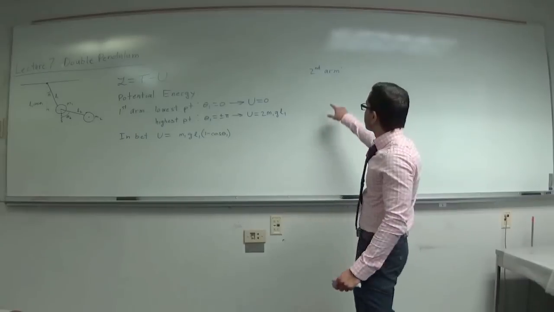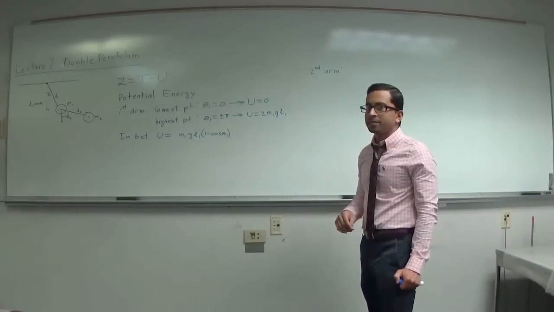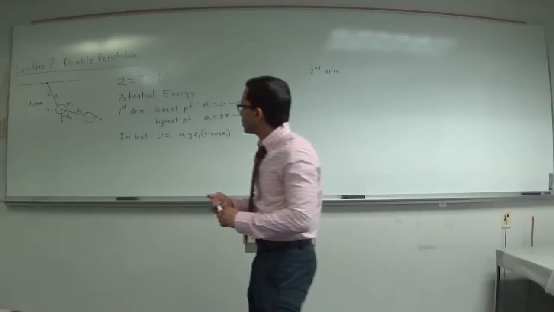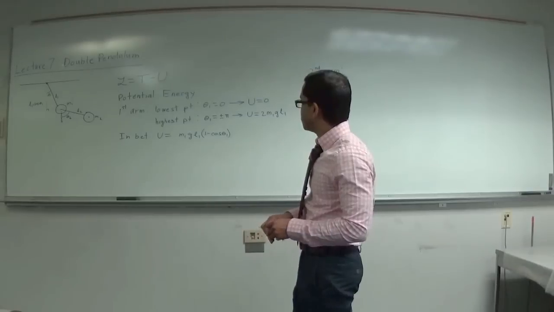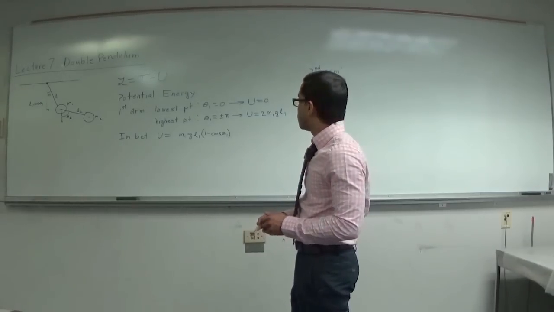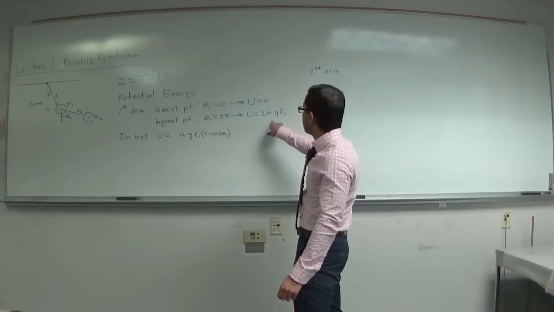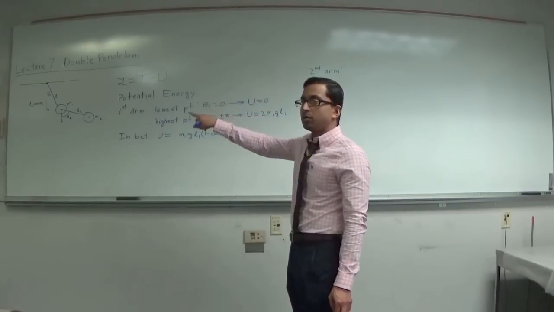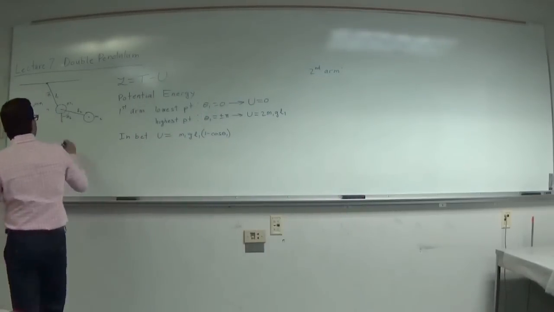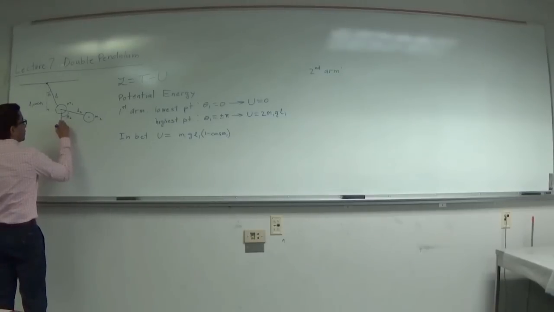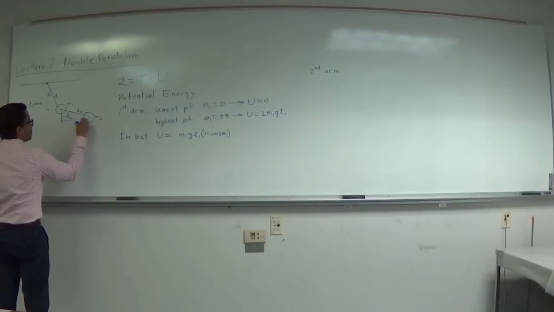So that second arm is going to be trickier though. Of course, at the lowest point, it's going to be 0. At its highest point, it's going to be m1 g times L1 plus L2. But in between, it's going to be a little different.